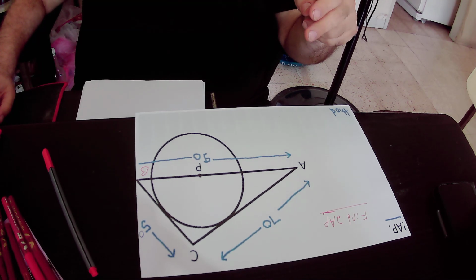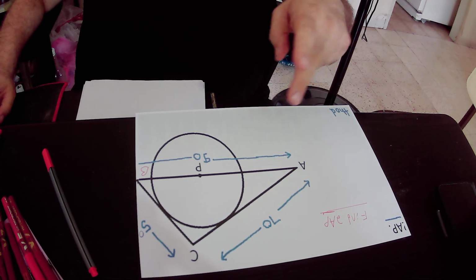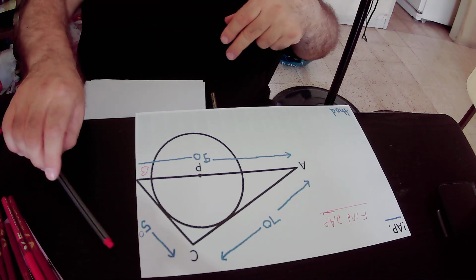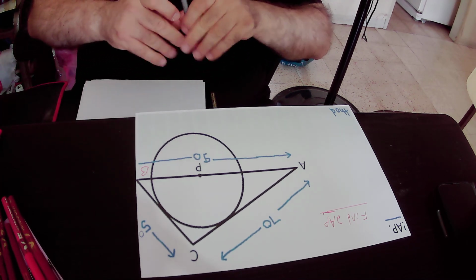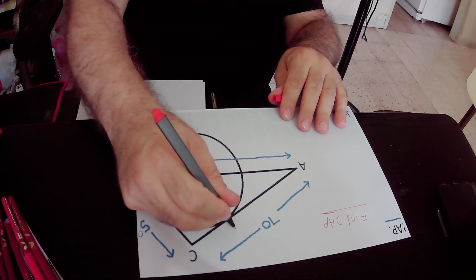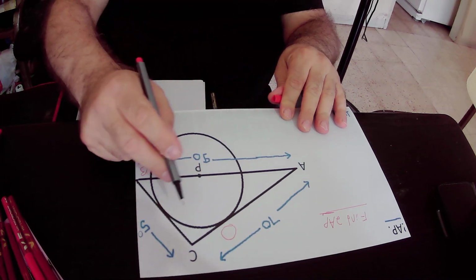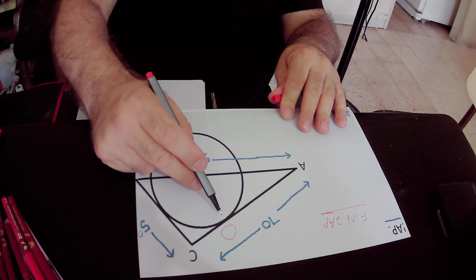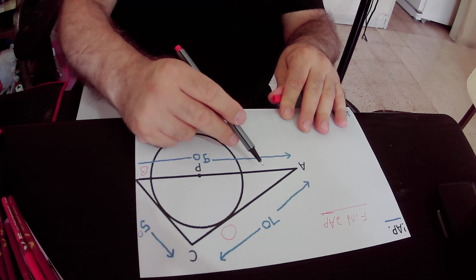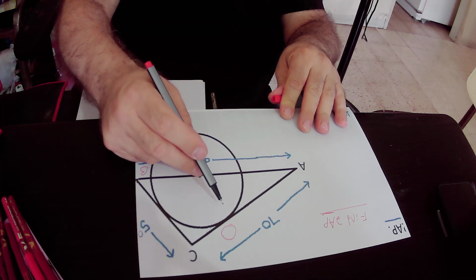The first tangent to the circle is side AC of the triangle, tangent to the circle at a point we'll call point O. Again, side AC of the triangle is tangent to the circle at point O, or the touching point between side AC and the circle is point O.